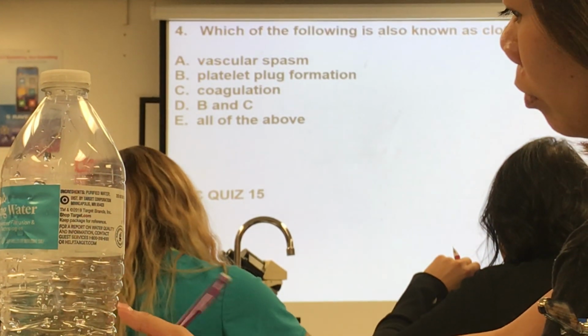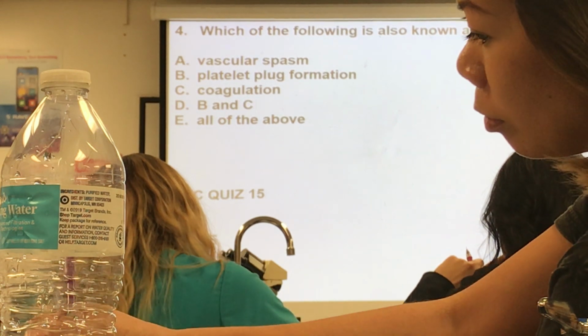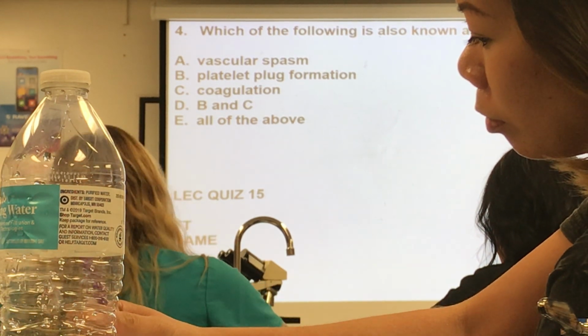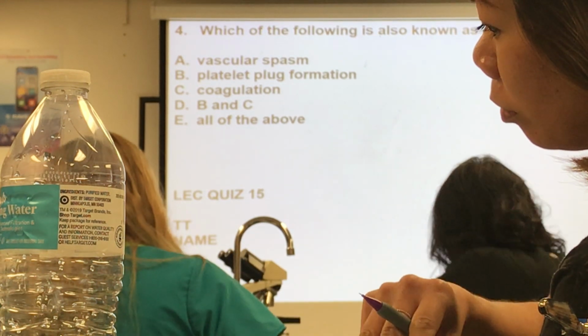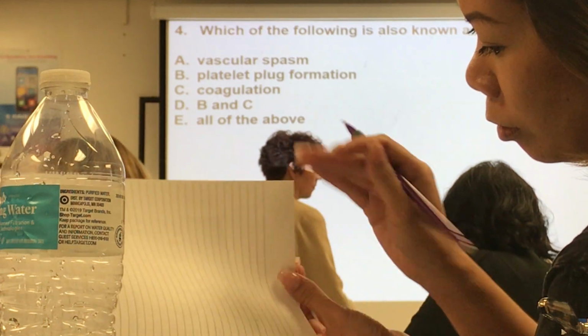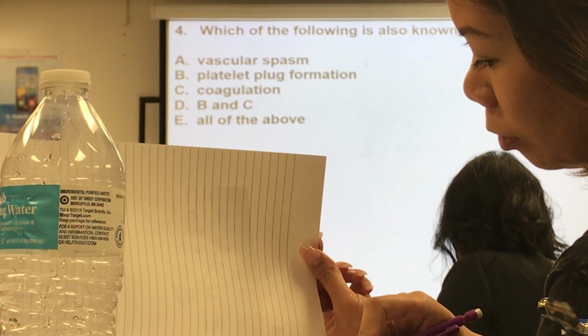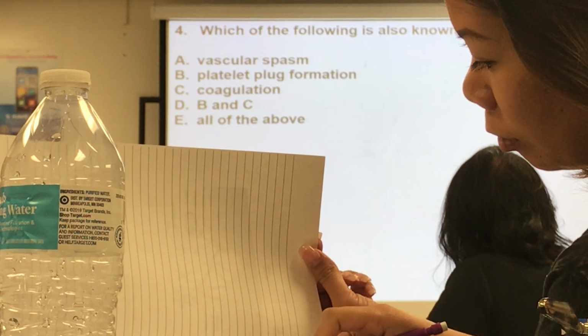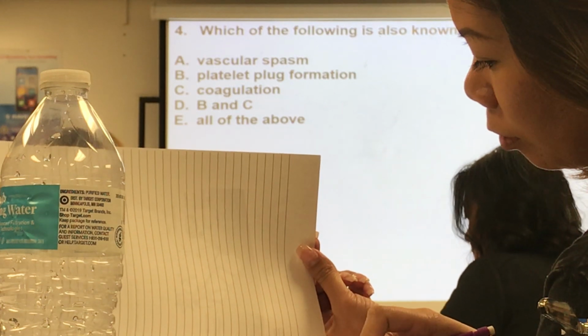Which of them qualify as clotting? And as I said, we can come back to this when you feel you have more information. You may already know the answer, but if you don't, we can come back to this.